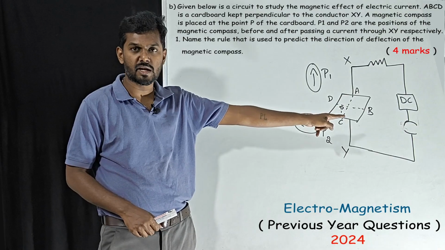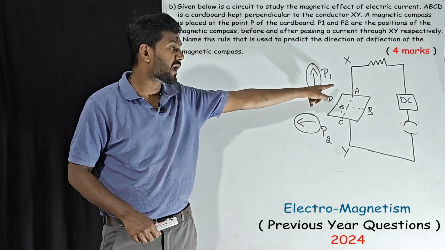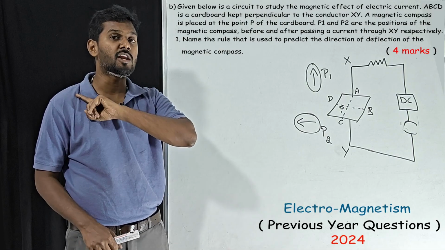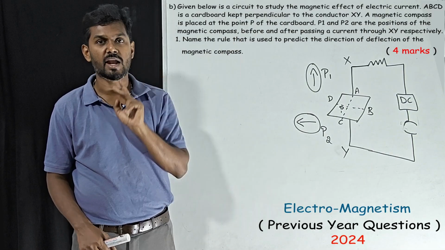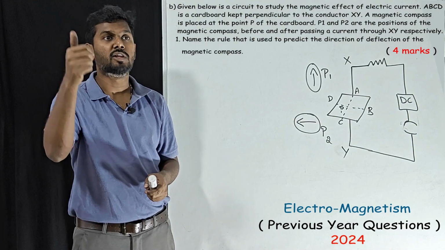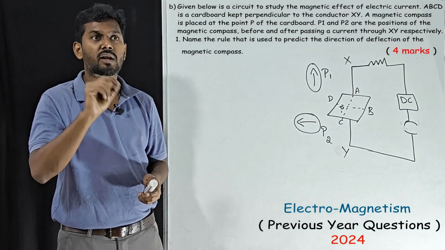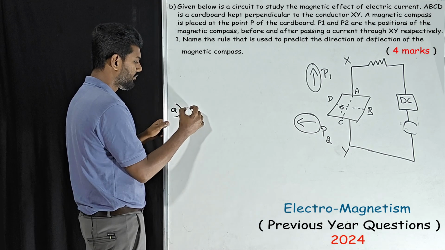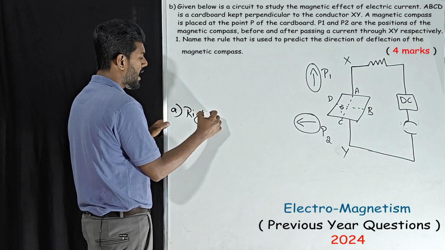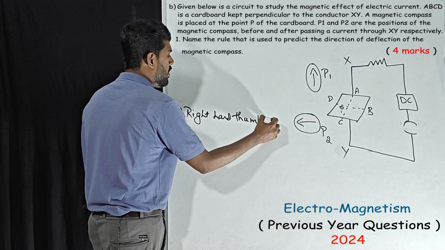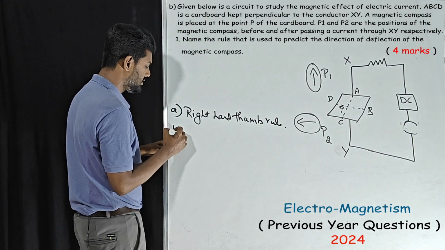Here we are just passing current, and because of that current a magnetic field is produced. We are not introducing one more magnet, so it cannot be Fleming's left hand rule, so it is the right hand thumb rule. So the answer for the first question is the right hand thumb rule. So the first one is done.